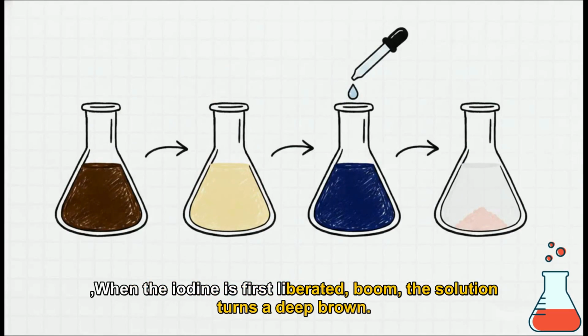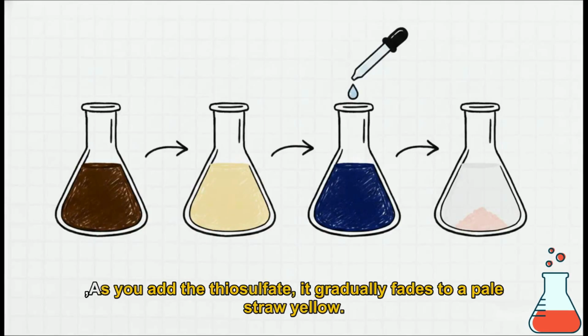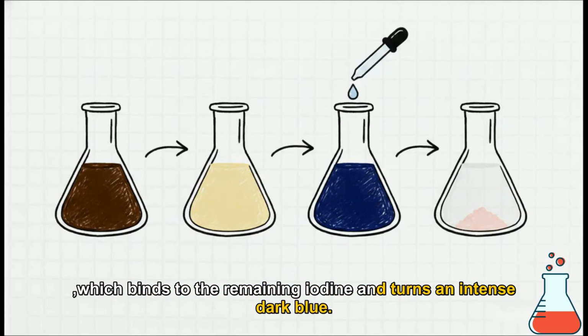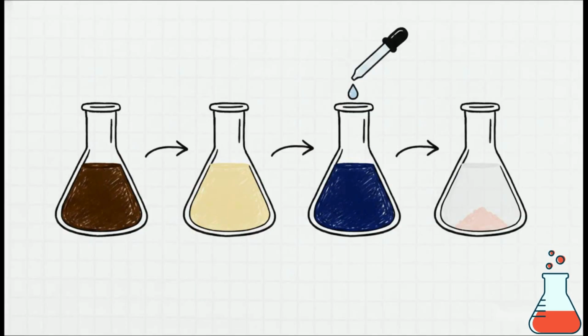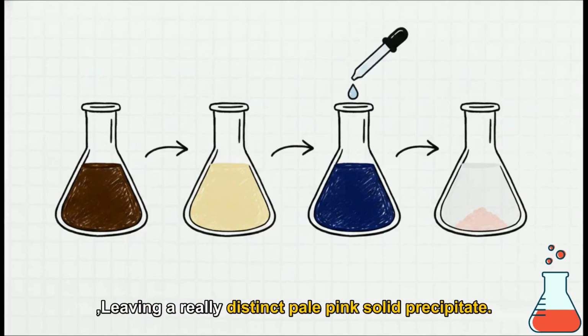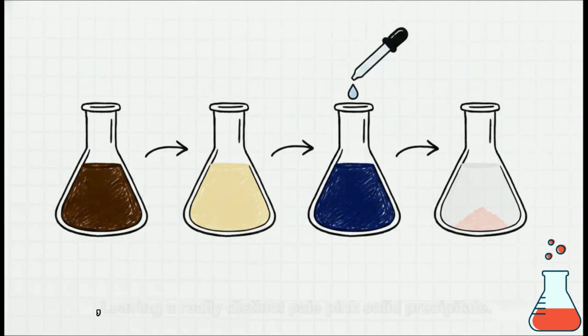When the iodine is first liberated, boom, the solution turns a deep brown. As you add the thiosulfate, it gradually fades to a pale straw yellow. That is your cue to add the starch indicator, which binds to the remaining iodine and turns an intense dark blue. You just keep titrating until that blue entirely vanishes, leaving a really distinct pale pink solid precipitate.